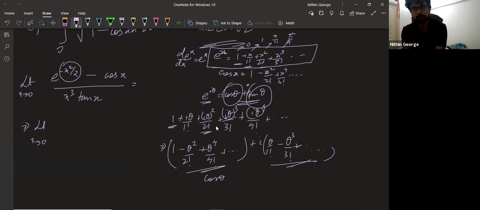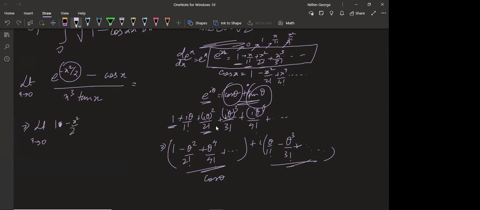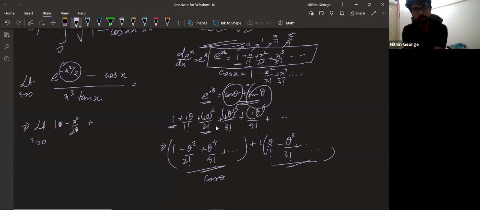So e power minus x squared by 2, if I expand this, it becomes 1 minus x squared by 2 into 1 factorial, plus x power 4 by 4 into 2 factorial, minus x power 6 by 8 into 3 factorial, and so on.